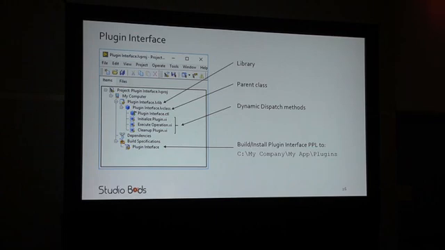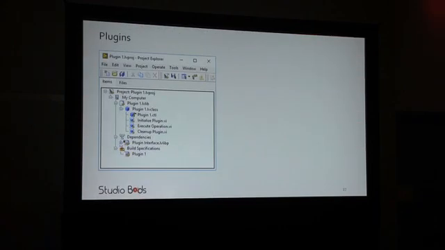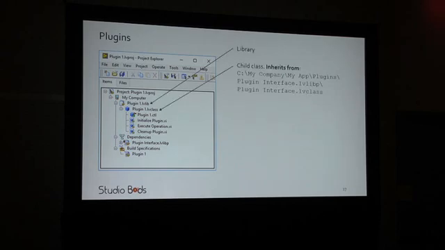So you said you put all the plugins for this application in the same location? Yes. What if your plugins are designed to be used across applications? I'll talk about that. Plugins: again, you create a separate project. Each plugin has to be considered as its own product. You create the library because you need it to be a PPL, and you create a child class, and it inherits from the plugin interface in the PPL.